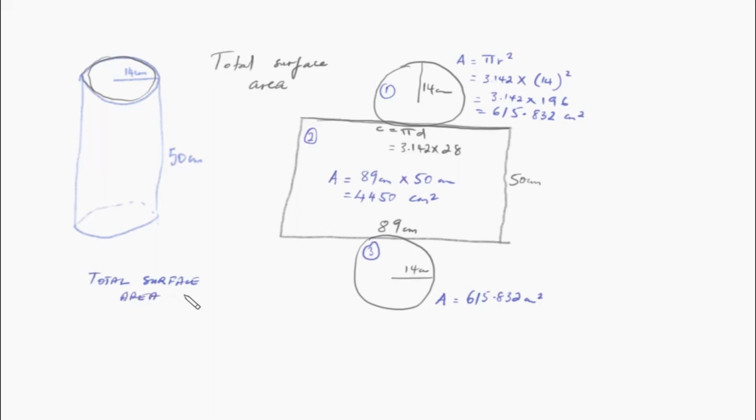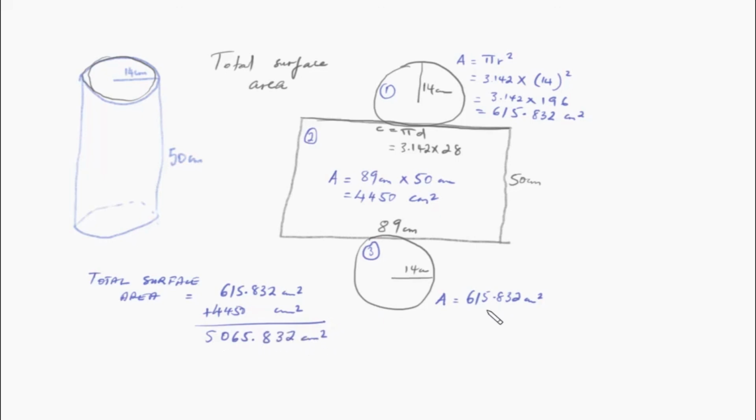It is going to be equal to 615.832 centimeters squared plus this one, 4,450 centimeters squared. So what are we going to have? We are going to have 5,065.832 centimeters squared.